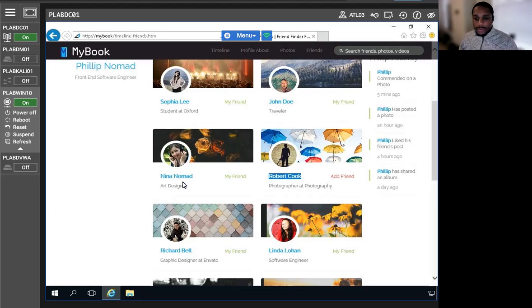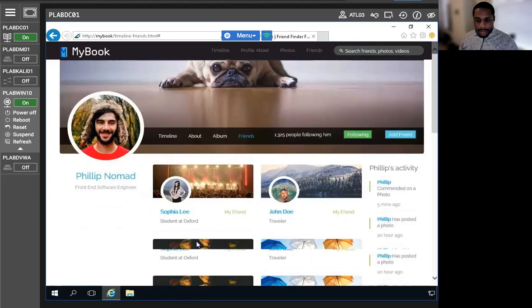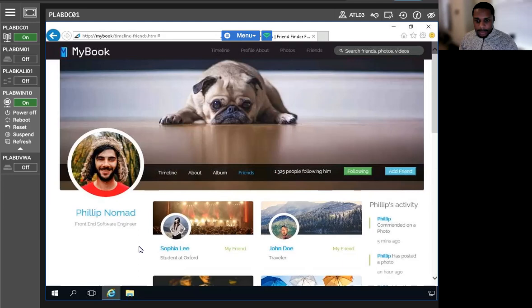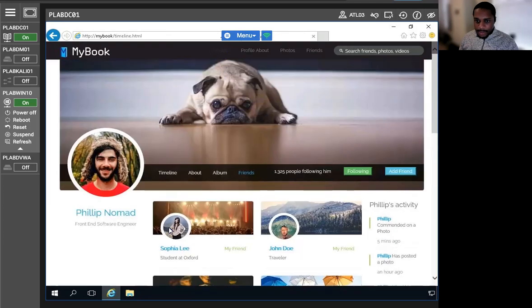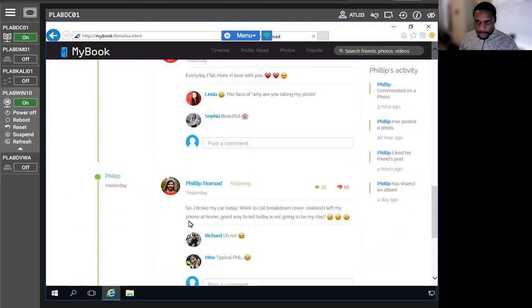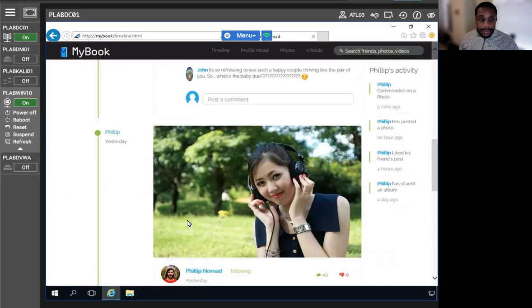So we can also see, let's see, here, it'll click. I guess not. All right, we can also see that Nina Nomad here, right? Nina, I believe we saw that on the timeline towards the bottom. Let's see. Yeah. So we also noticed that she may be a family relation, right?